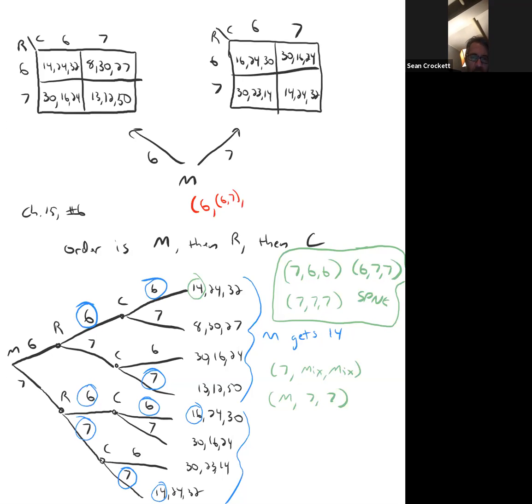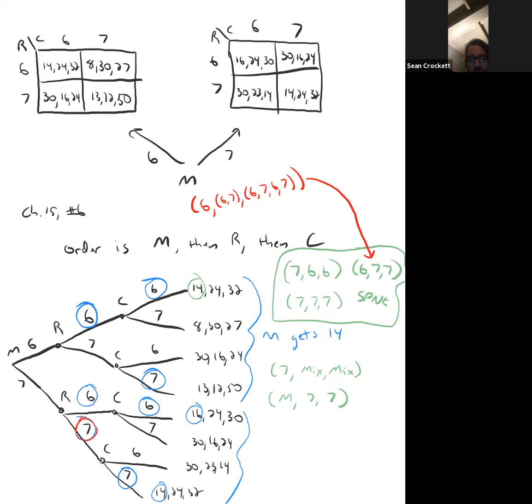And then player 3 picks 6, 7, 6, 7. So this is what I meant there. Player 1 is allowed to pick 6. The key is that player R is picking 7 in that information set.